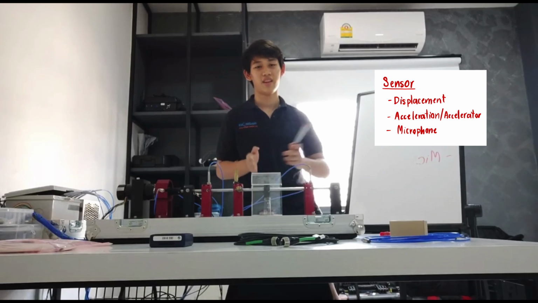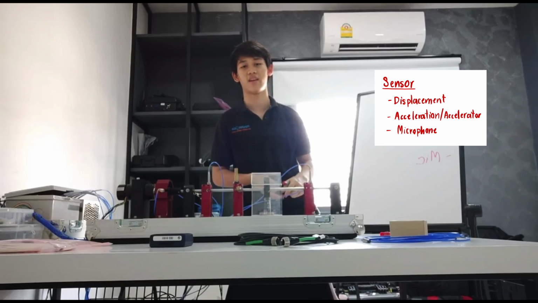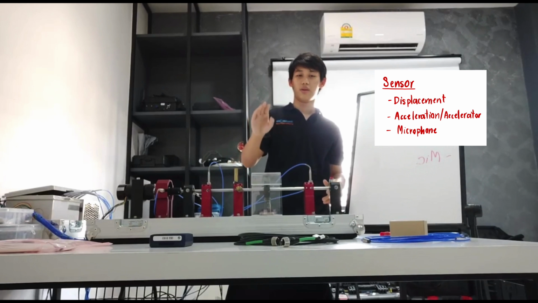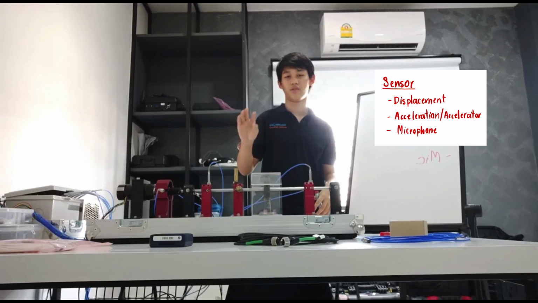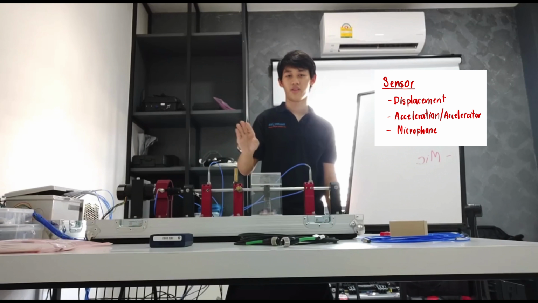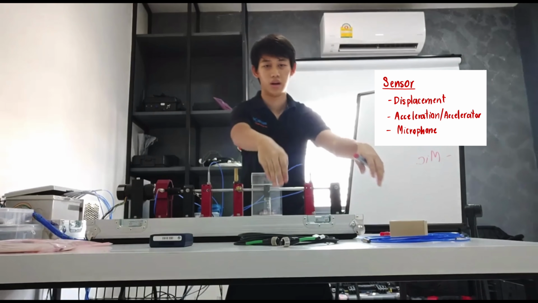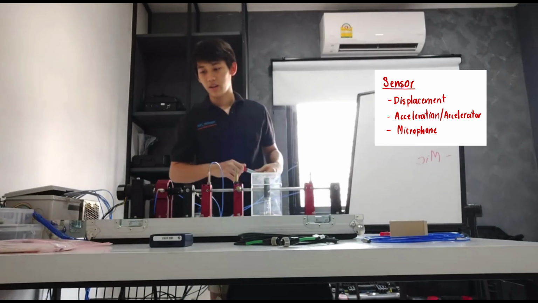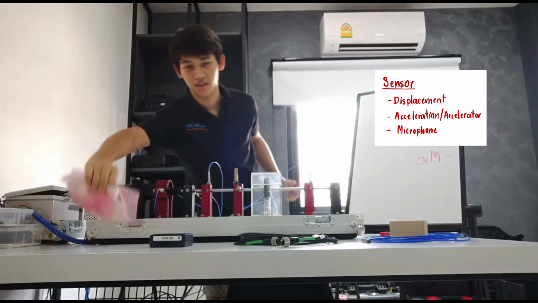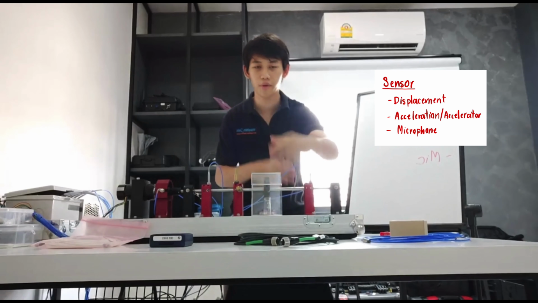But as I said, the main sensors are the displacement and the accelerator sensor. But the microphone sensor and the last one that I will speak about, which is the pressure sensor, is the dynamic pressure sensor, which is the adding sensor, or you can call it the secondary sensor, and these two are the primary sensors. The dynamic pressure sensor you use when you want to measure the pressure inside the machine when it gets covered with something.